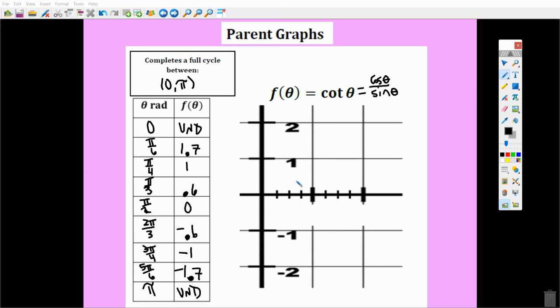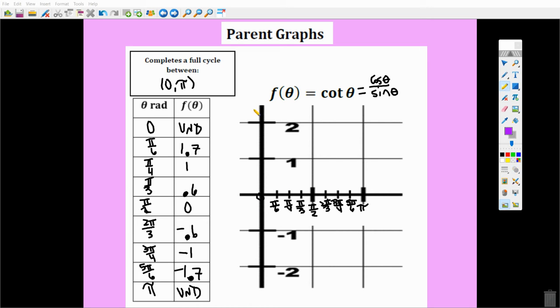So the other thing is I'm going to fill in here, we said pi over 6, pi over 4, pi over 3, pi over 2, and then we have 2 pi over 3, and then this is 3 pi over 4, and then 5 pi over 6, and then we have pi. And then again, this is 0 here.